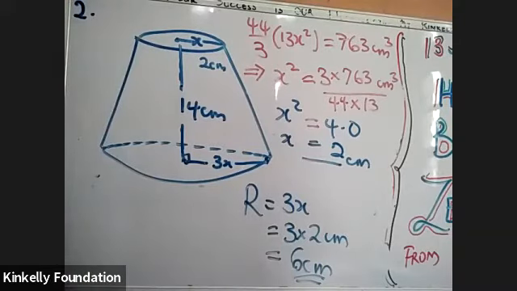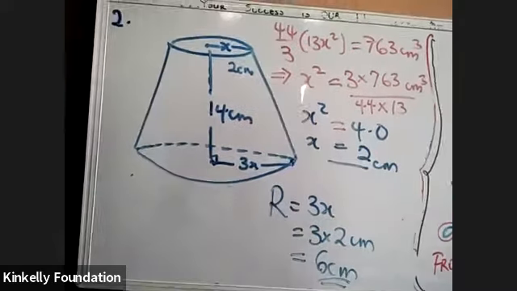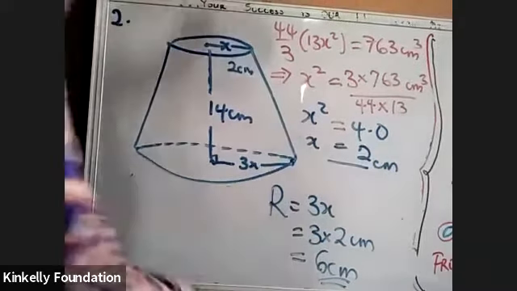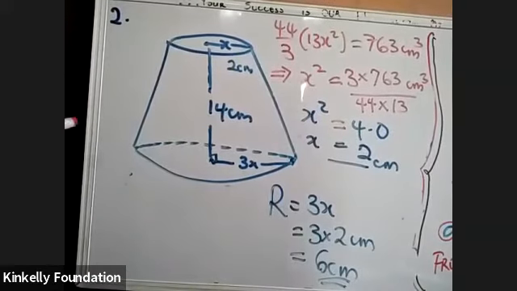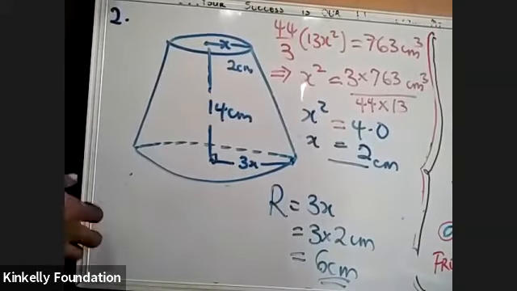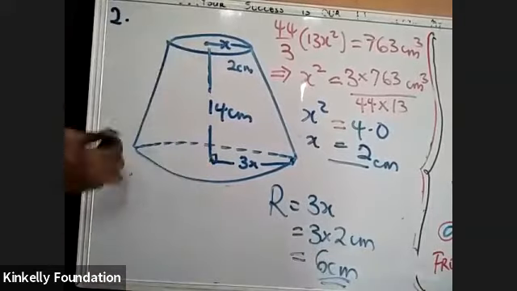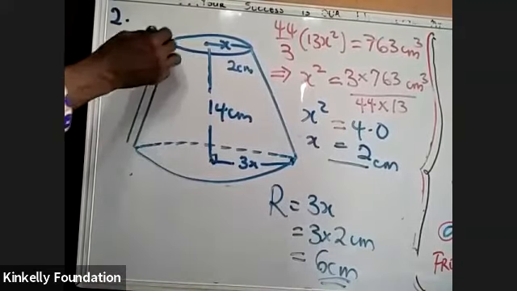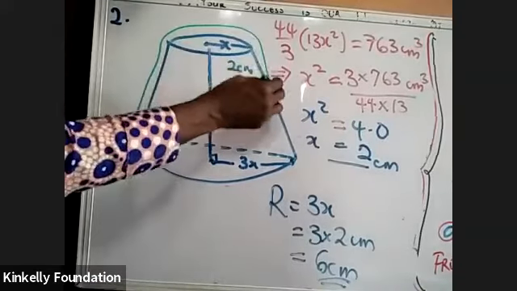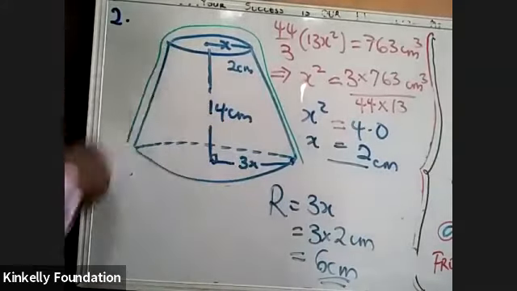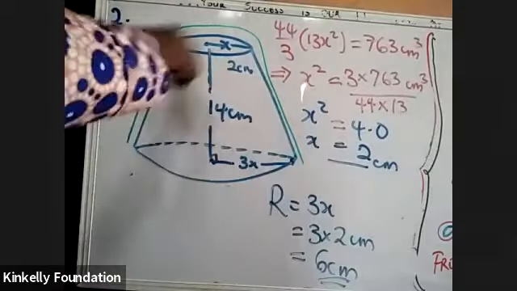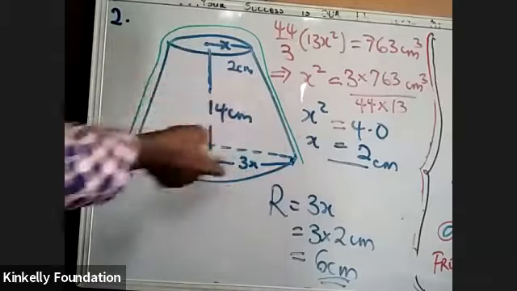The question says, what is the area of the cloth needed to cover this lampshade? Assuming this is the cloth you use to cover the lampshade like this, what is the area of that cloth needed to cover this lampshade?